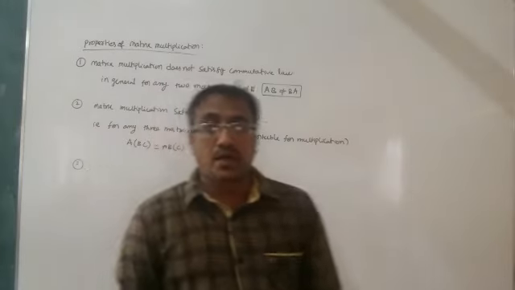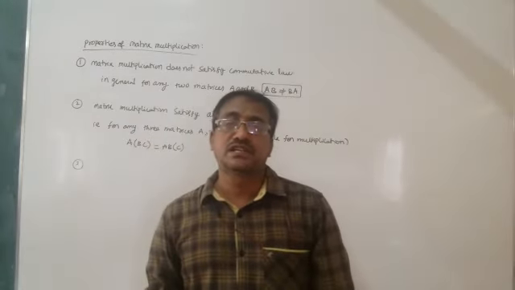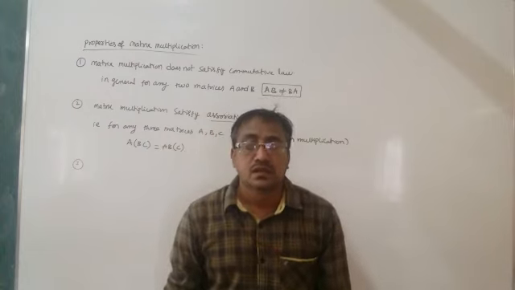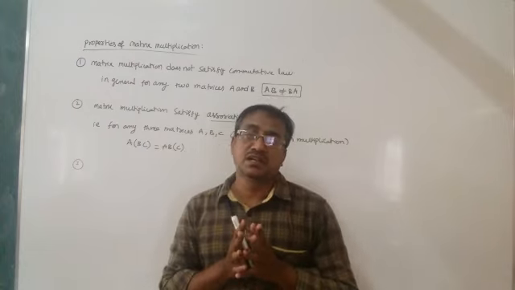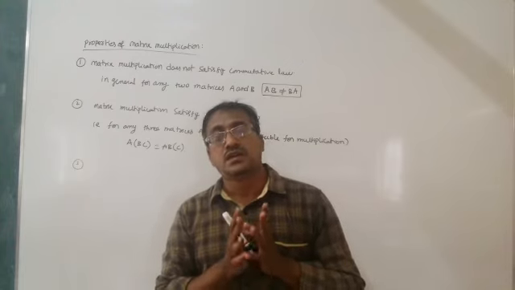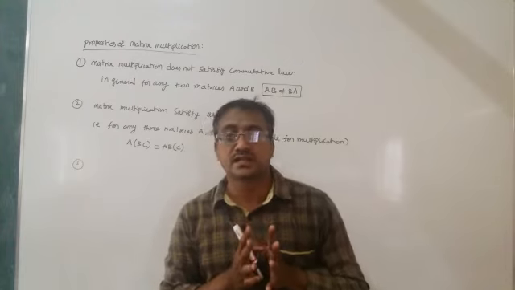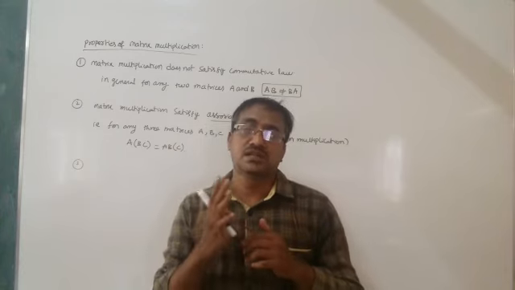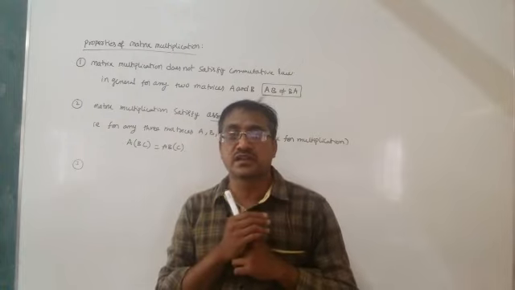Now, properties of multiplication of matrices. Remember that matrix multiplication does not satisfy the commutative law. In general, for any 2 matrices, AB is not equal to BA. But in some cases, it satisfies the commutative law.